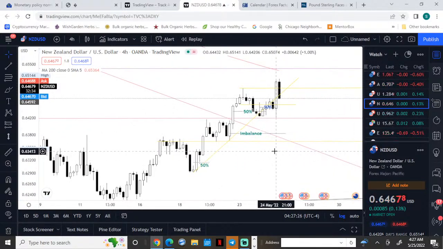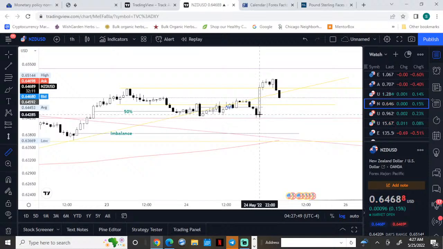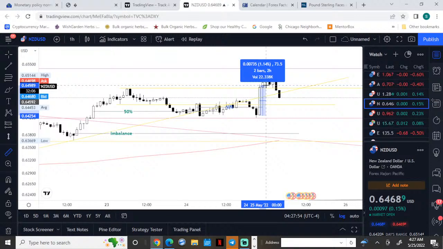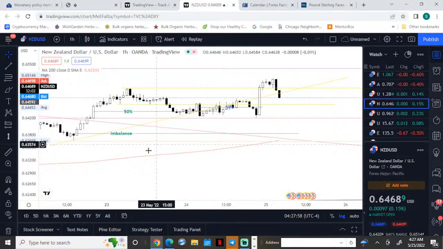This candle right here, at 10 o'clock, it shot up 73 pips beautifully. Overall it gave out 86 pips.